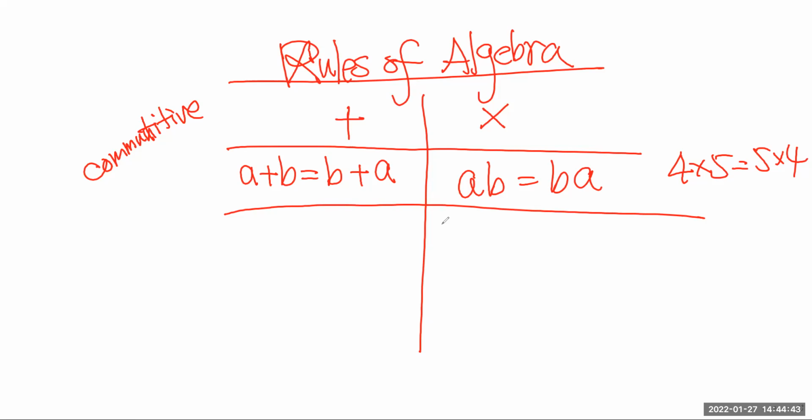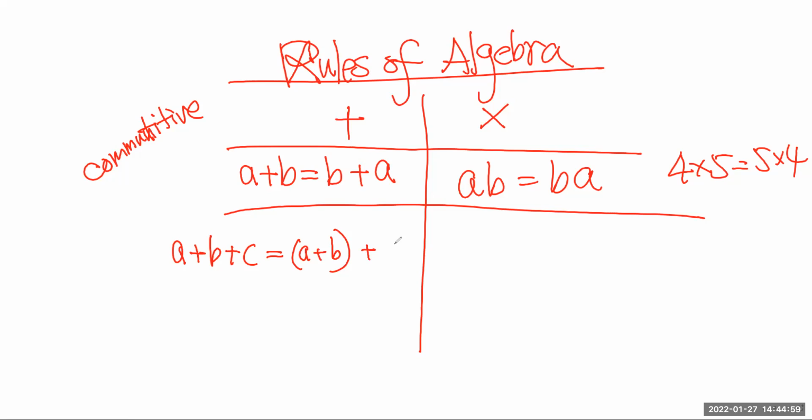And that is the first set of rules. And then when you're dealing with more than 2 numbers, when you add, it really doesn't matter which 2 you start with.